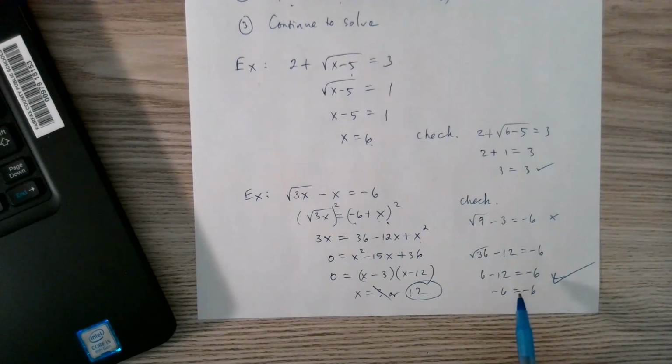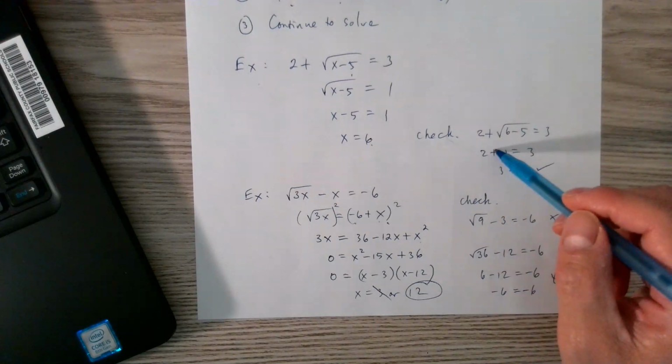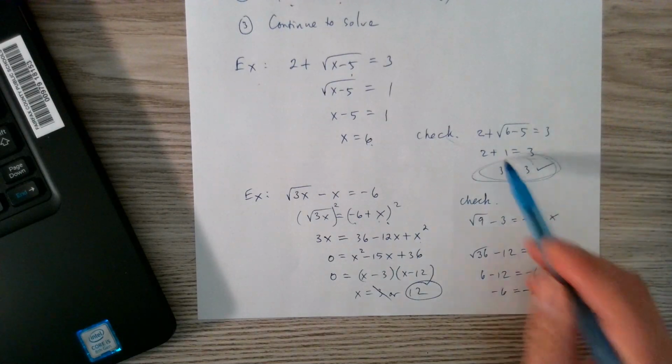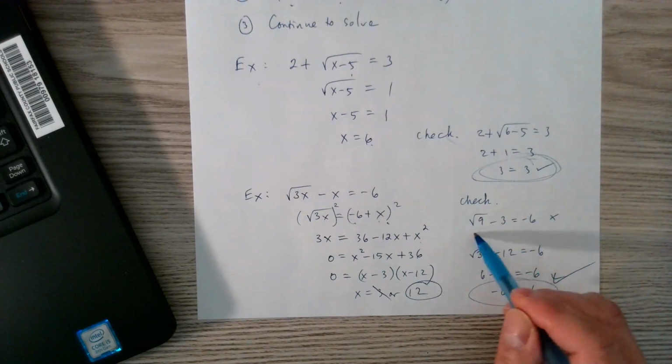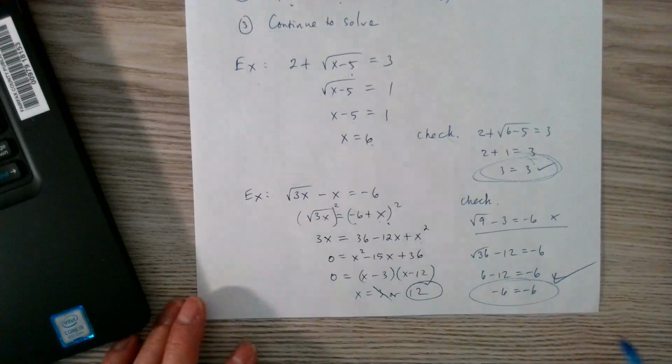And this is what I meant when I said it's important to check. Because the solutions sometimes work, as in the first example, but one of the two didn't work in the second example. There's a special name for that.